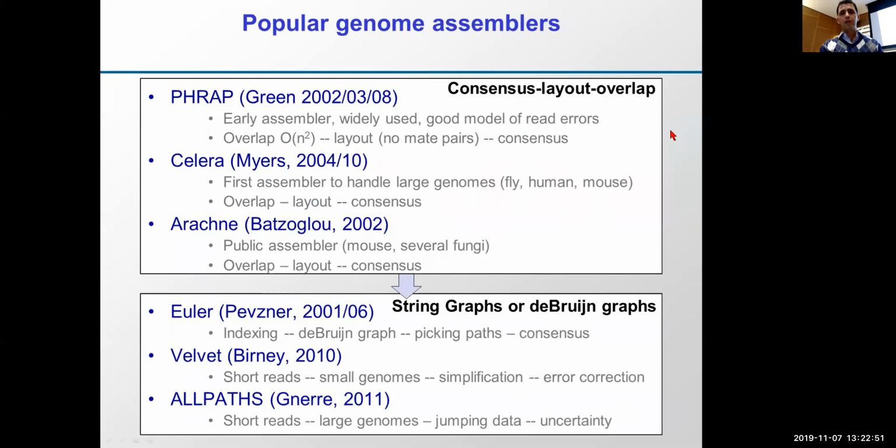Consensus, layout, overlap. The other one is to just embrace the concept of the string graph completely and fully. Namely, you can build these De Bruijn graphs that contain every unique k-mer and how they're linked together, which is a big major shift in genome assembly that happened around the mid-2000s.